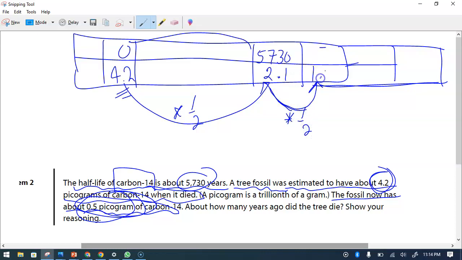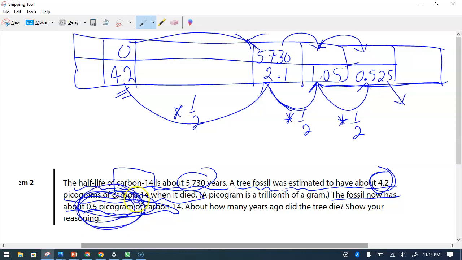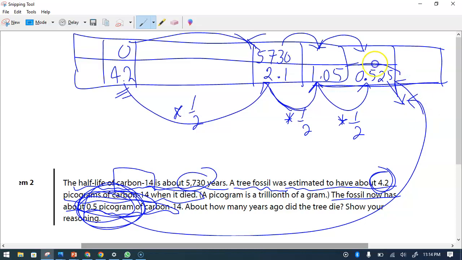That will be 1.05. Again multiplied by half, so half of this 1.05 will be 0.525. So this is 5,730, then again 5,730, and again 5,730. So this is almost like asking you how many years it is, right? And you can clearly see you get 0.5, which is the same as here.